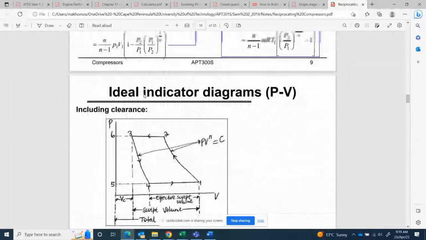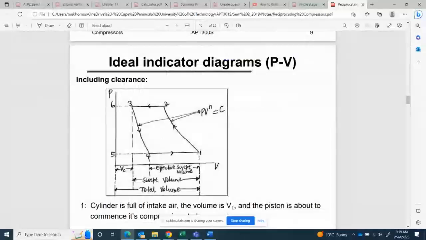Now, what we need from this case is the compressor power, the indicated power of this compressor. The area inside this sketch, between 4, 1, 2, 3, and 4 again, is called the compressor power.